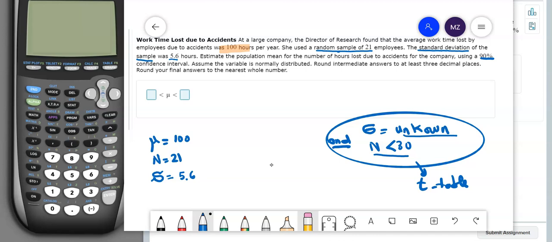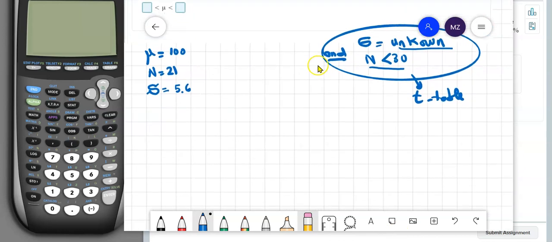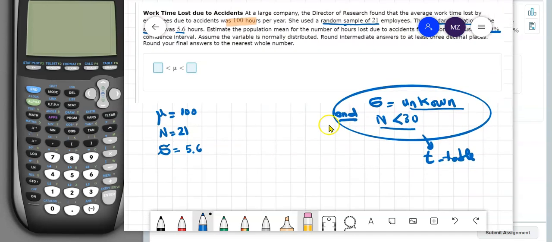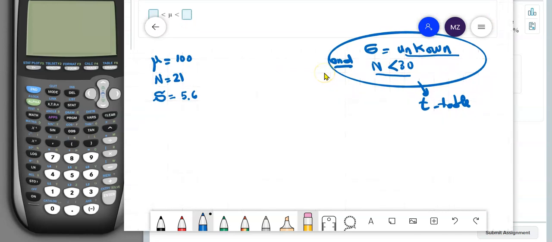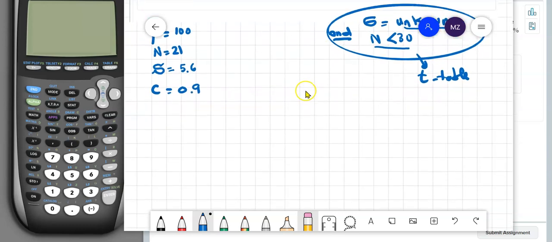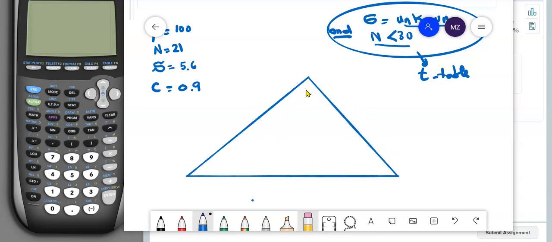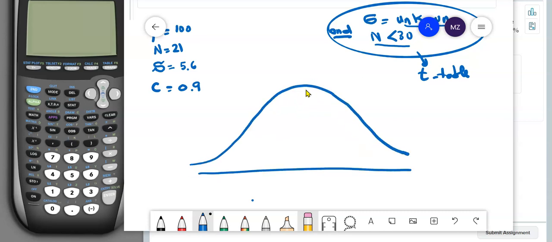All right, so we're going to try to do everything from scratch here. So let's put a small graph for this. So this is the information that I need. I don't think I need anything else. And the confidence interval, the 90%, right? So now, this is going to be my normal distribution.